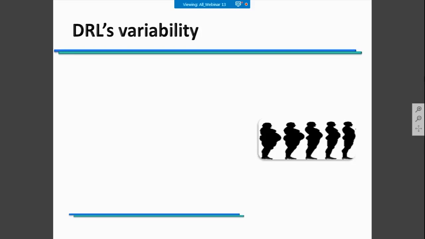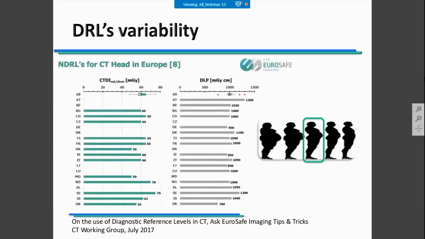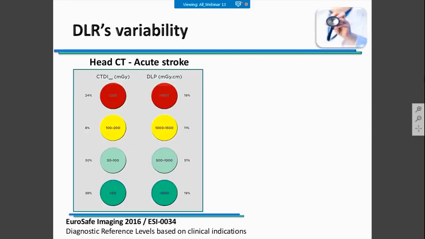However, there is a lot of variability in the DRL calculation. We all know that they are based on standard patients. However, when you look across the countries, you're going to see that DRLs for the same body regions, this is an example for head CT examinations, could be very different.